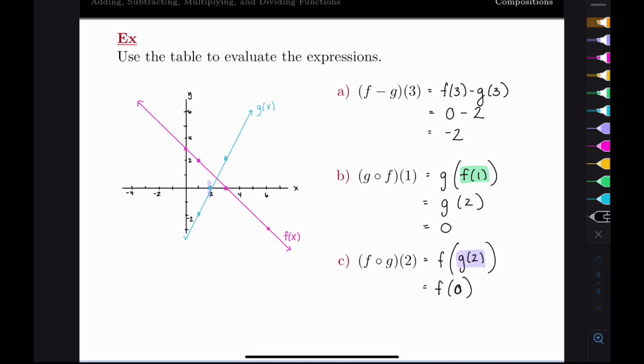Now using our chart again, I've got to see when x is 0, what is f? And that's right up here. f of 0 is 3. So take everything step by step. Remember, you're evaluating one thing at a time with compositions.